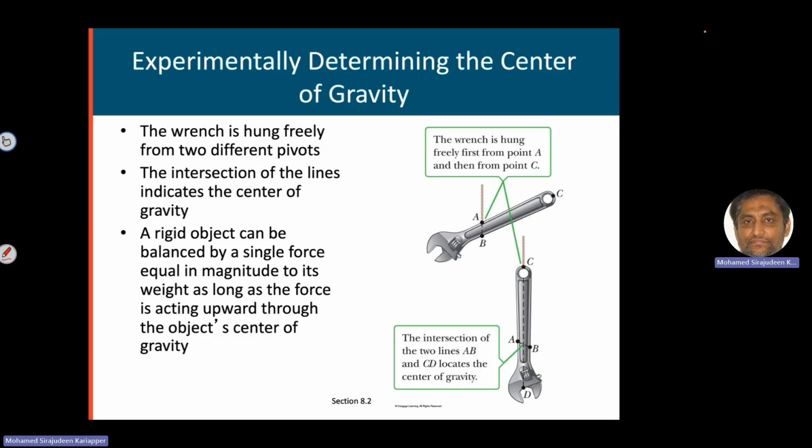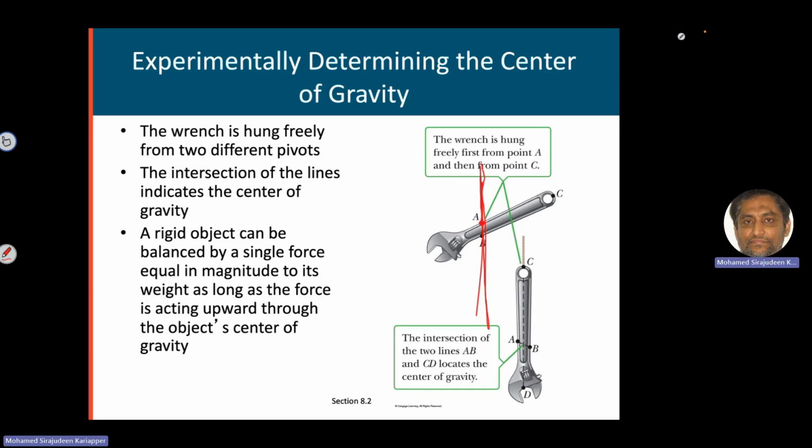All you do is the following: take a rope and choose a point on this, say point A, connect the rope and hang it. We know that because of gravity, it will align and come to a certain balance. Then we know the center of gravity must be on this line.